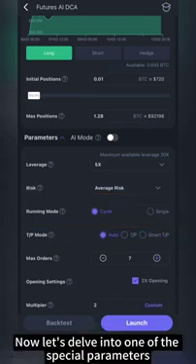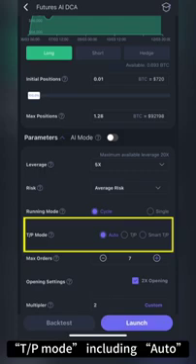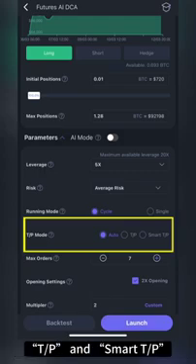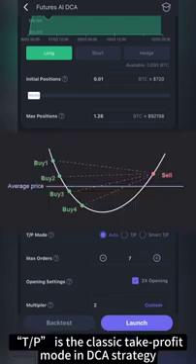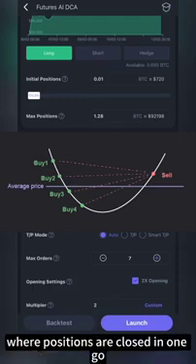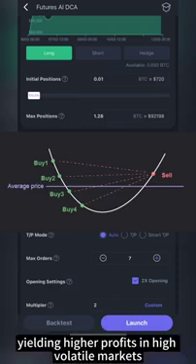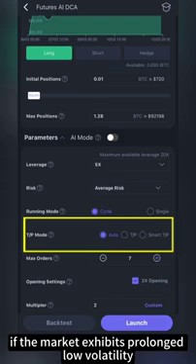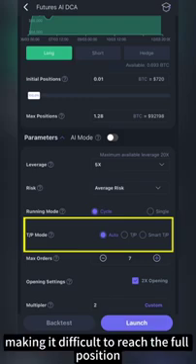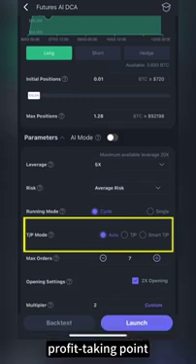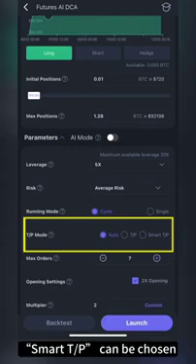Now let's delve into one of the special parameters, TP mode, including Auto, TP, and Smart TP. TP is the classic take-profit mode in DCA strategy, where positions are closed in one go after multiple position increases, yielding higher profits in highly volatile markets. If the market exhibits prolonged low volatility, making it difficult to reach the full position profit-taking point, Smart TP can be chosen.